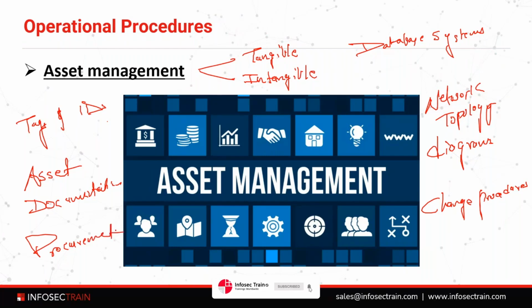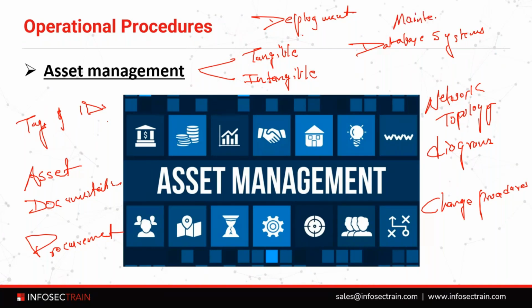Procurement determines a budget and identifies a trusted supplier or vendor for the asset. Deployment, what does it do? It implements a procedure for installing the asset in a secure configuration. Then maintenance.